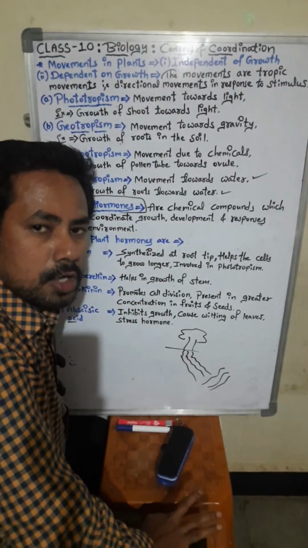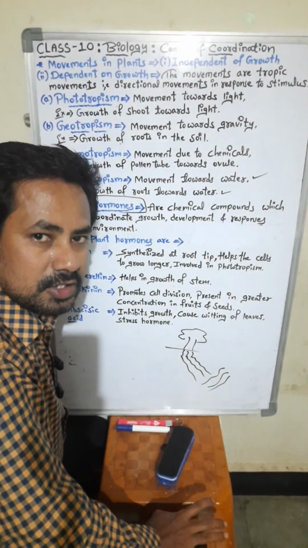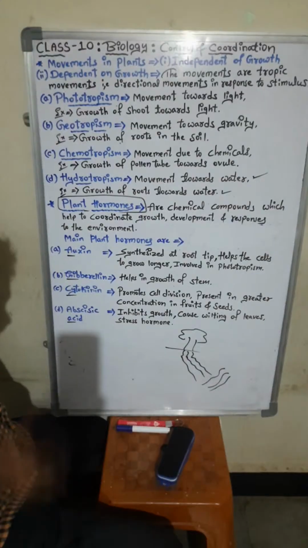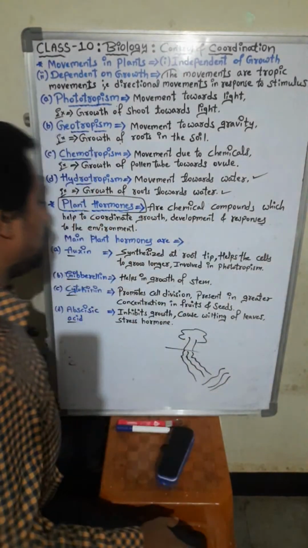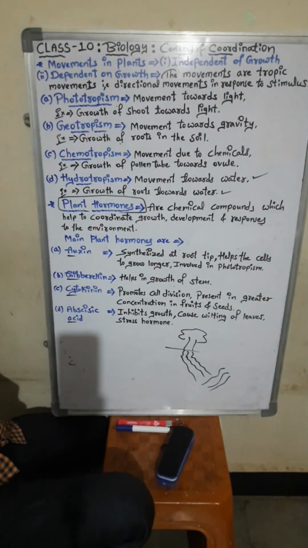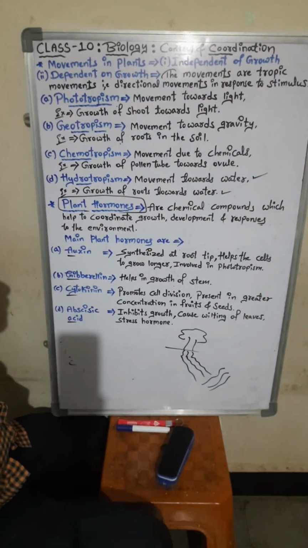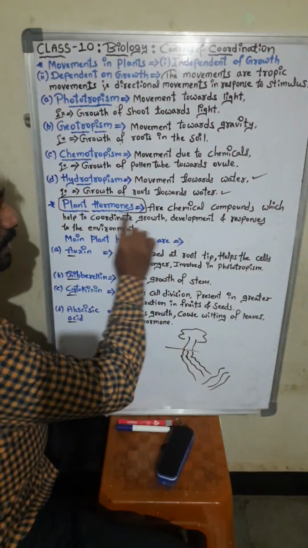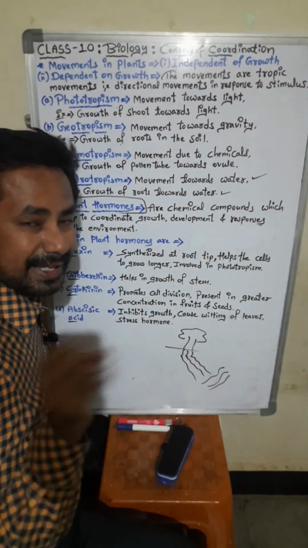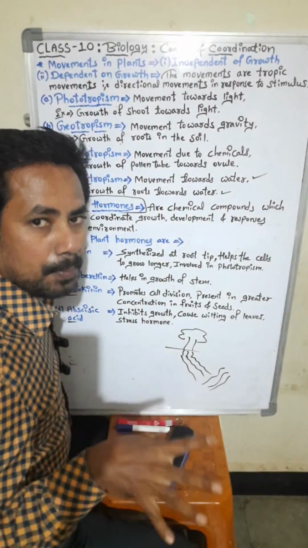Plant hormones are also called phytohormones. Okay, remember, students. Plant hormones are the chemical compounds which help to coordinate growth, development and responses to the environment. Chemical compounds. Plants also release hormones.